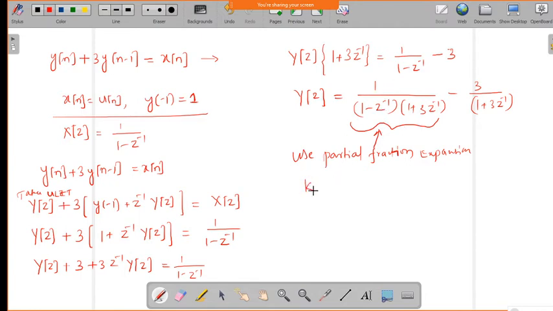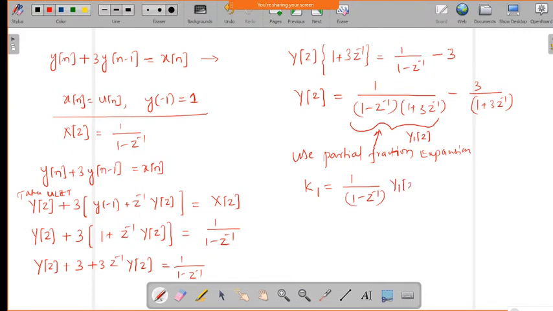So for k1, you will get 1 over 1 minus z inverse into, so this we can take as y1 of z, assume this one as y1 of z.